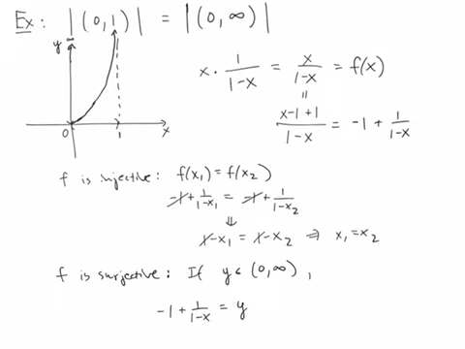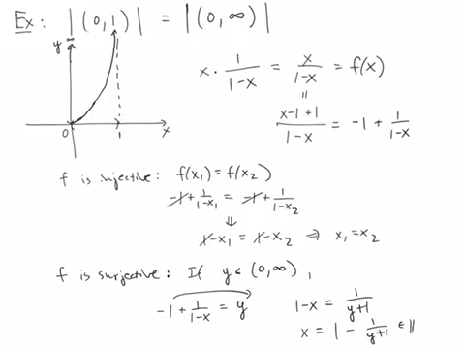So all we have to do is play around with this: put the negative 1 on the other side and then invert, and what we get is that 1 minus x equals 1 over y plus 1, and so x is equal to 1 minus 1 over y plus 1.